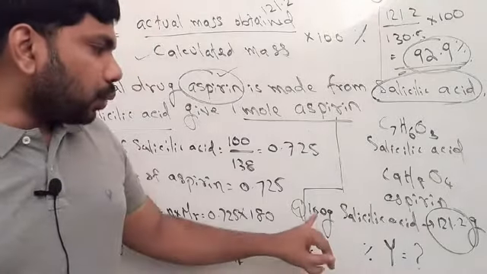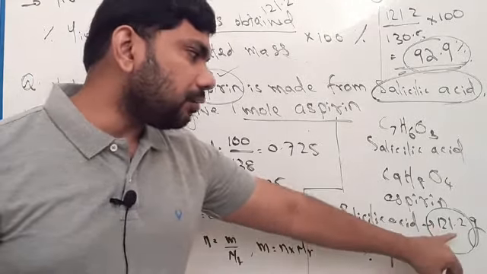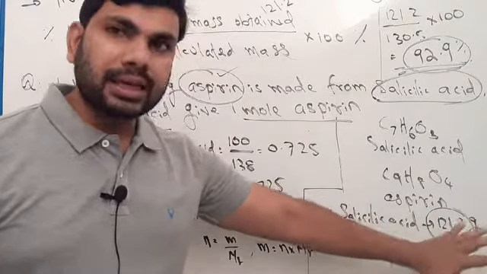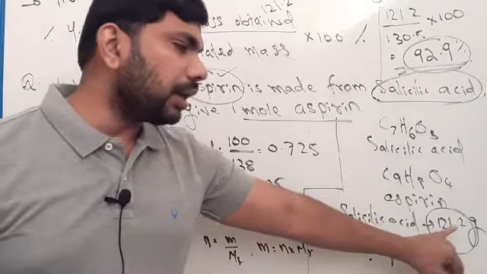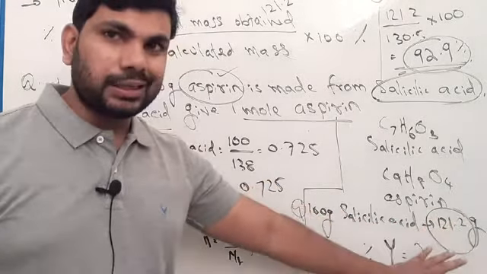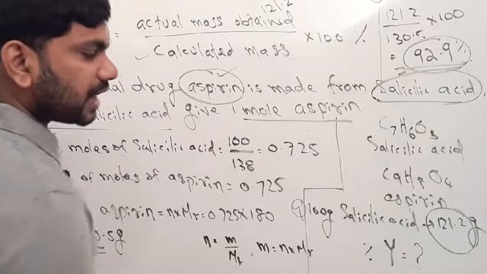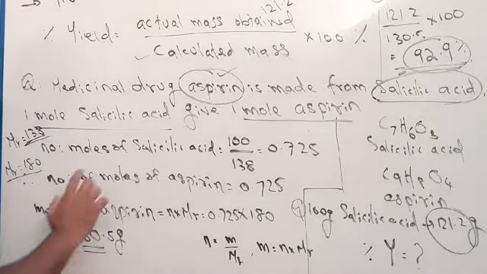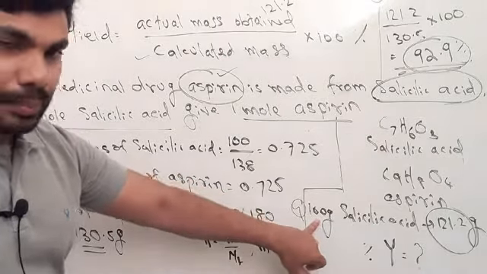So here 100 gram salicylic acid gives 121.2 gram aspirin. Using this we can find the number of moles of salicylic acid: mass divided by molecular mass.